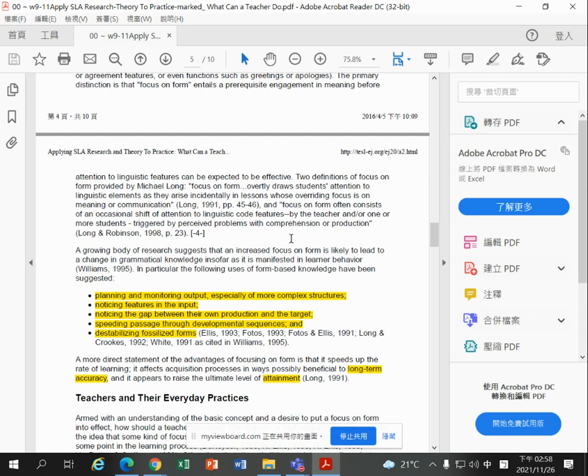It's near the place that I highlighted. So if it's focused on form, what will be the best presentation or instruction to lead to successful learning?